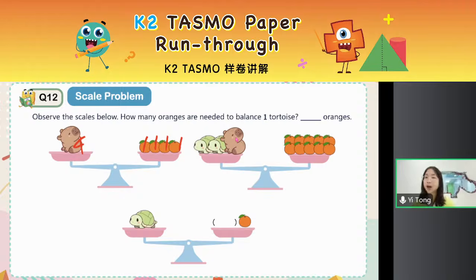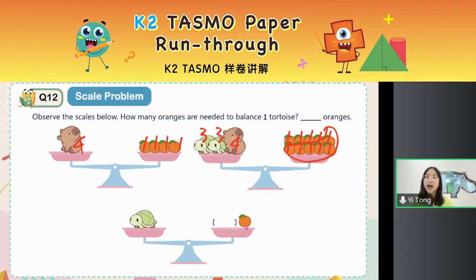And how many for this capybara? Also 4. Now, 1, 1, 1, 4 already. And now we start again, 1, 2, 3, 4, 5, 6. So 6 oranges is the same as the 2 tortoises, means 1 is.